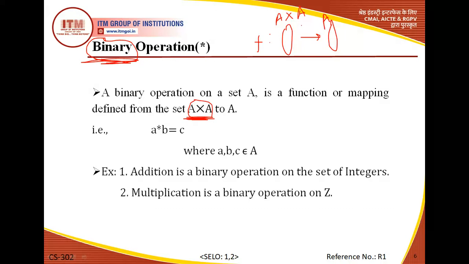It starts from the cross product of A with A, and the image goes to the set itself.